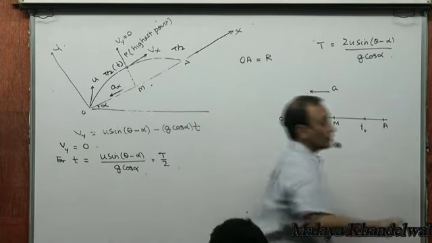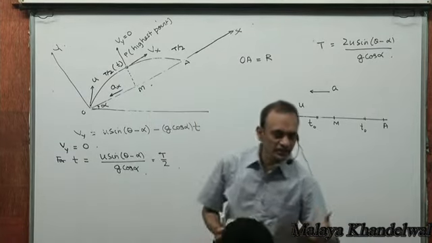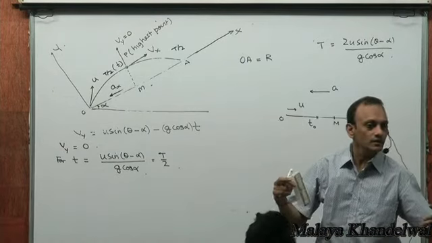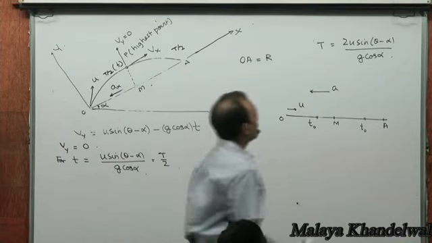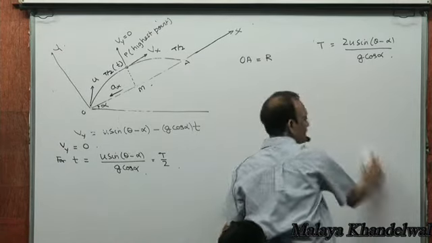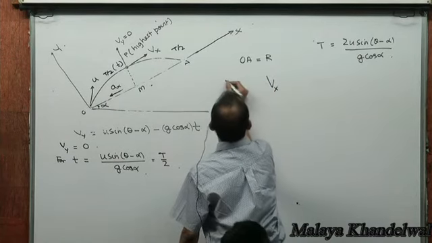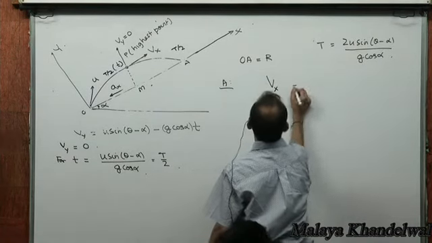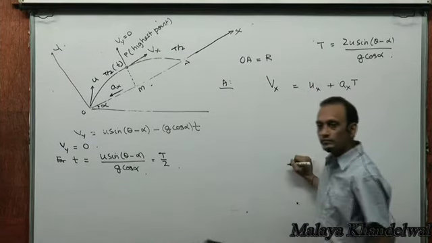Now, let me find when the particle reaches A, how long does it take? Capital T seconds, which is 2u sine theta minus alpha by g cos alpha, right? Let me find the velocity of the particle when it reaches A. Velocity in the x direction on reaching A would be initial velocity in the x direction plus ax into t.